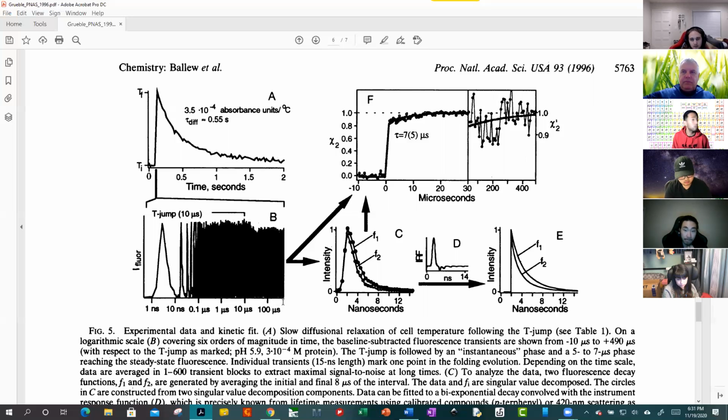So 200 microseconds divided by 0.5 nanoseconds is equal to 200 times 10 to the minus 6 over 5 times 10 to the minus 10.